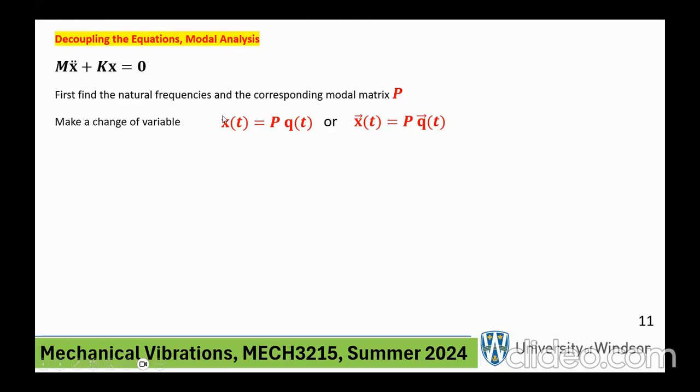I want to work with P times q. Instead of coordinates x, which are the physical coordinates, I want to use some other coordinates, which are called modal coordinates. So x is going to be x1, x2, which is really what I want. But I'm going to do things in terms of q1 and q2. And once I get q1 and q2, I can plug it in here and get the x's.